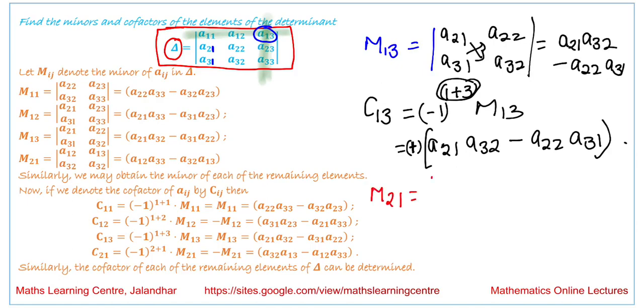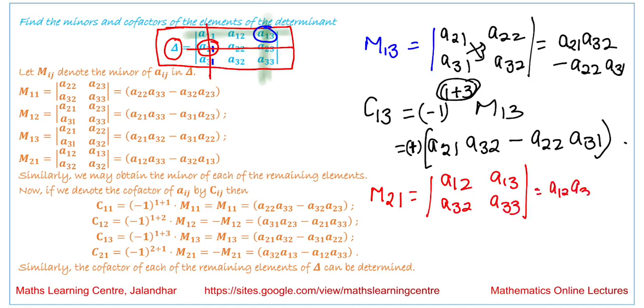Similarly, if we are calculating M21, M21 means we are talking about this value, we are neglecting this row and column, and what we are left with is A12, A13, A32, A33. It is A12 A33 minus A13 A32, and the cofactor corresponding to this is minus 1 raised to the power 2 plus 1 into M21.